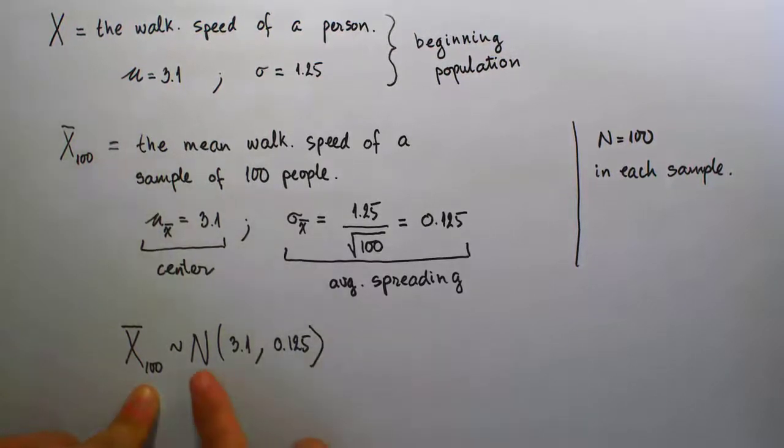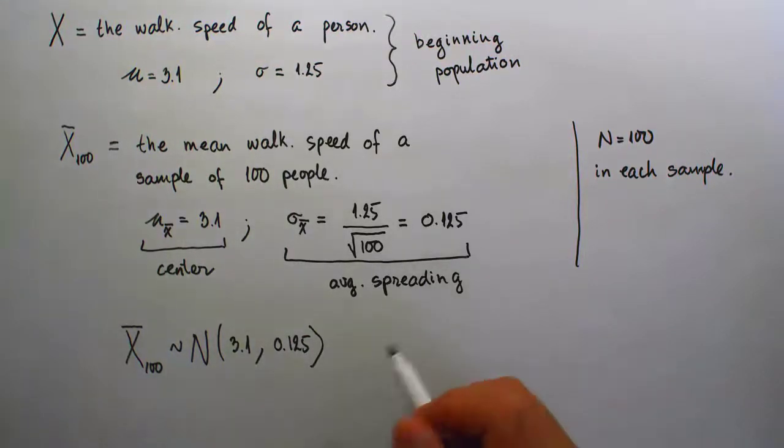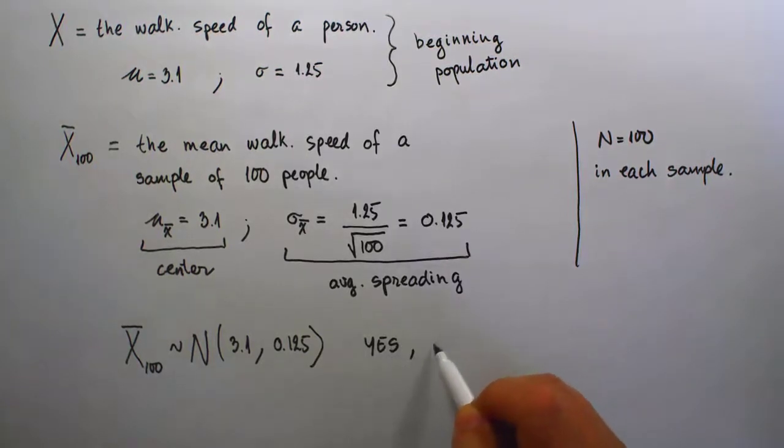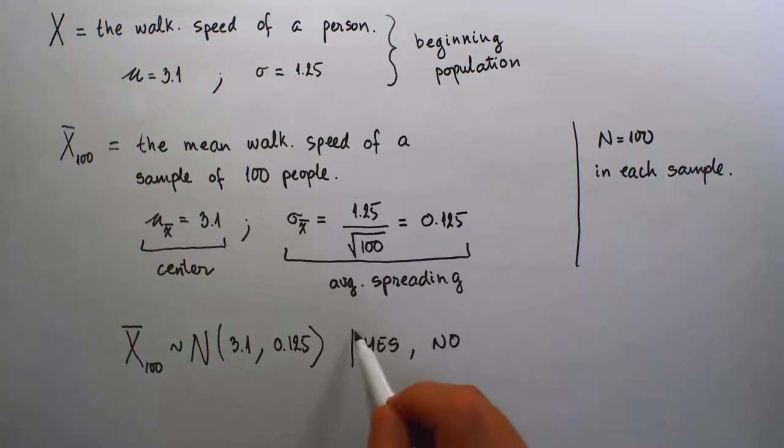So the big concern here is this distribution shape. Is this going to be a bell curve distribution or not? The answer could be a yes or a no. And once again I am going to answer for everybody that the answer here must be yes.